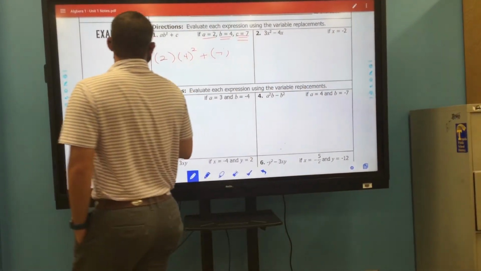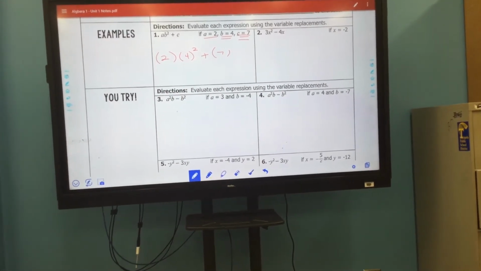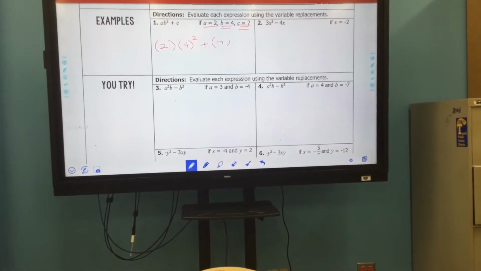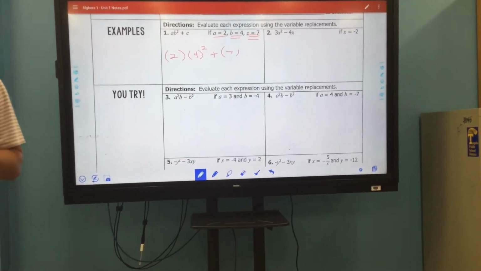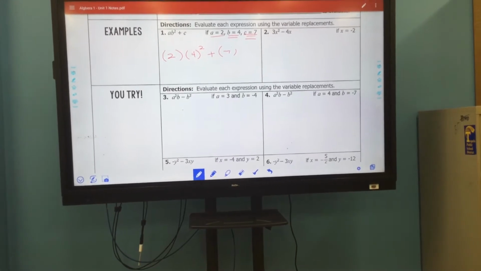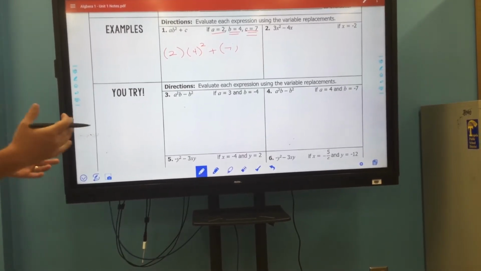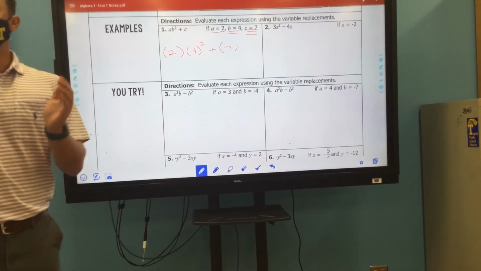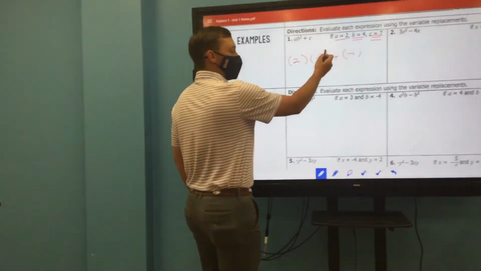All right, so when you do this and you're taking this exponent, you're going to do open parentheses 4, close parentheses 2, and that's important that your number is inside those parentheses, because if you get a negative number and you don't put it in the parentheses, it's going to give you the wrong answer. Okay, so you always want to make sure that when you're squaring, you want that number to be inside the parentheses.